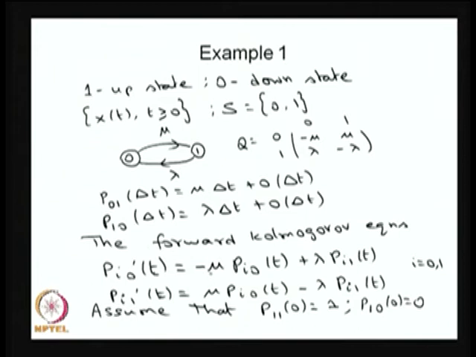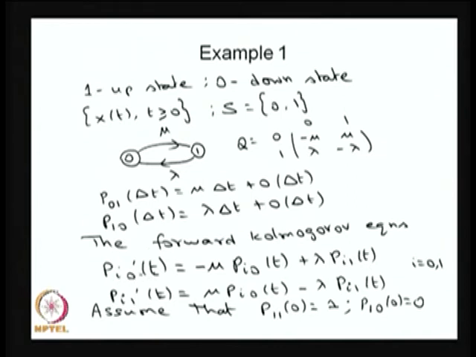Minus, because we are writing the equation for the state 0, with the rate mu it can move from the state 0 to 1. Therefore minus mu times the probability of being in the state 0 at time t, given that it was in the state i at time 0, is an outflow, and lambda times p i1 of t is an inflow. Therefore, the left hand side is the derivative of the function of t, a probability function.